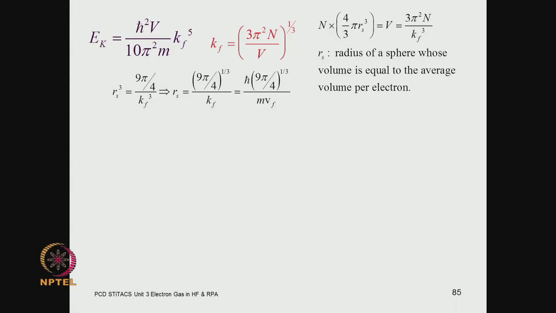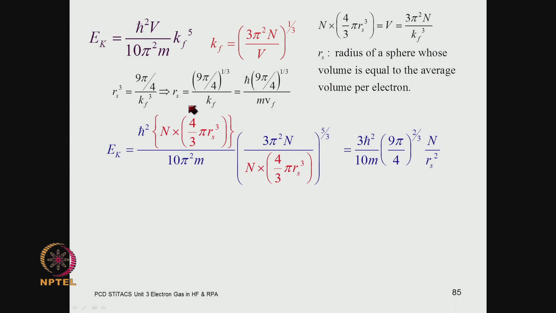Now that gives you Rs, this radius of a sphere whose volume is equal to the average volume per electron, to be given by this relation.